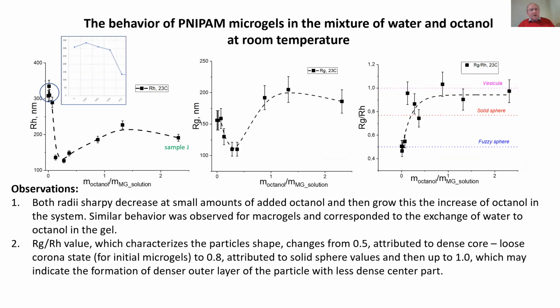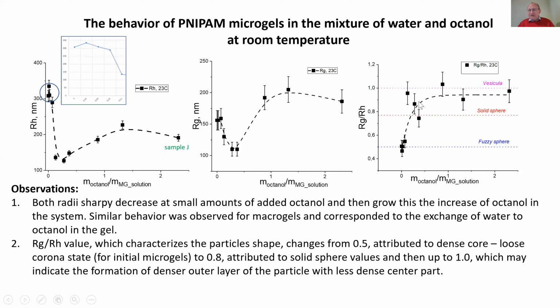Now if we look at the microgels, we see that the hydrodynamic radius and gyration radius both decrease with the increase of the concentration of the oil. And if we look at the ratio of these two parameters, we can see that in the beginning we have a fuzzy sphere structure, because the microgels were synthesized using precipitation polymerization.